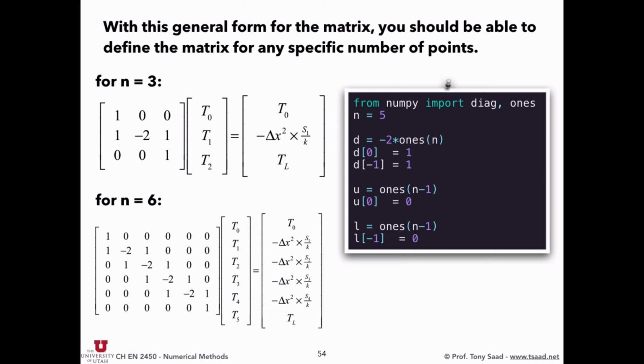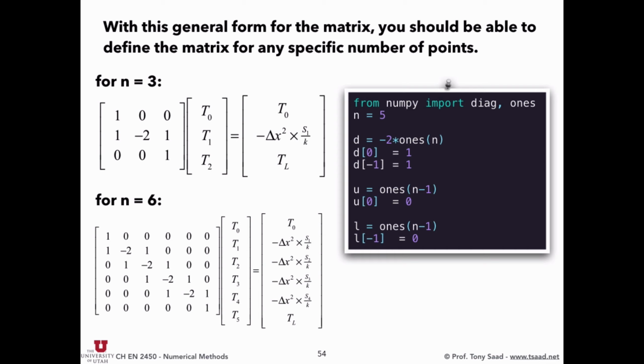So the main diagonal is minus 2 times ones. But what is the length of ones? It's n. There are n entries over here, and you define n ahead of time, n equal 5 in this case. And then you fix the first entry, d0 equal 1, and fix the last entry. I discussed this notation, d[-1] equal 1. What this notation means is that Python allows you to index in the positive direction, going 0, 1, 2, 3, and also from the end.